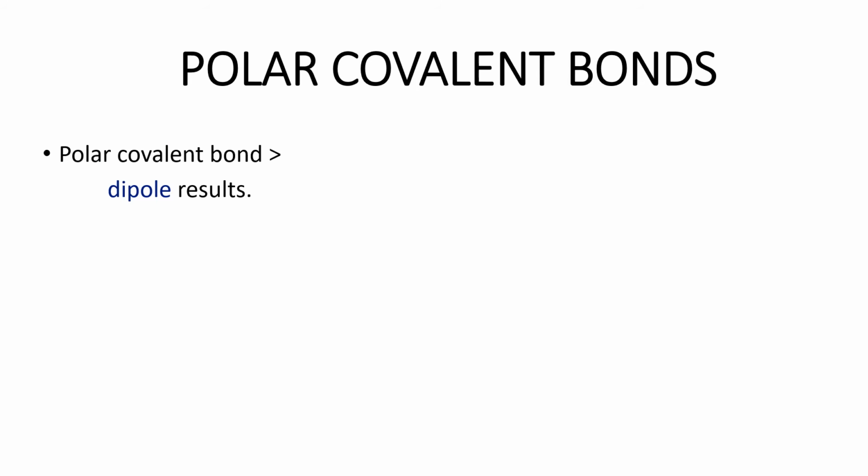Now let's consider some quantitative values for the polarity of a polar covalent bond. A polar covalent bond can appear as a dipole. Dipole means two poles, one negative and another positive. Two poles, two ends, we call a dipole. Therefore, every polar covalent bond has a dipole.